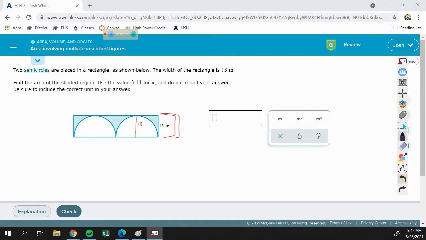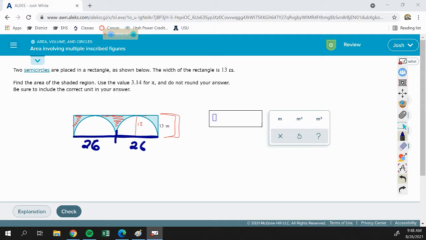And if that's 13, then this would be 26, and this would also be 26. Okay. And we want to know, what is this area?